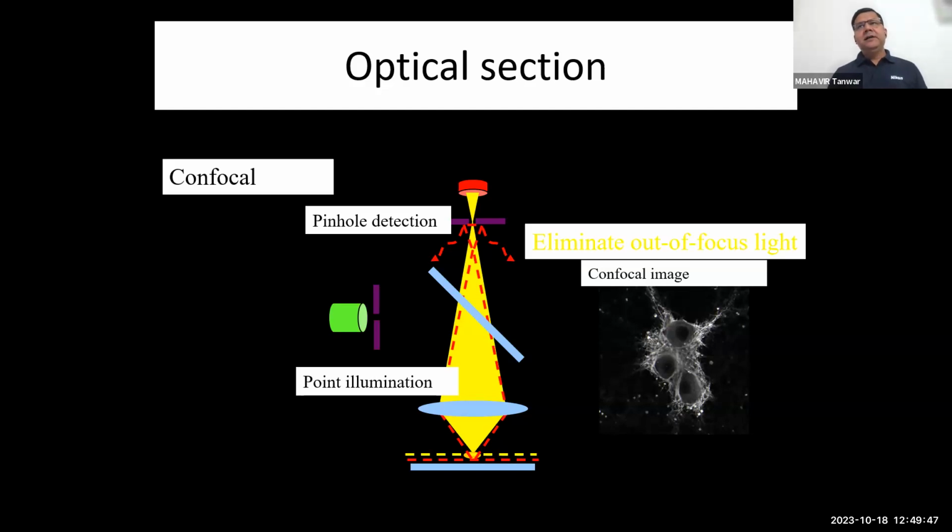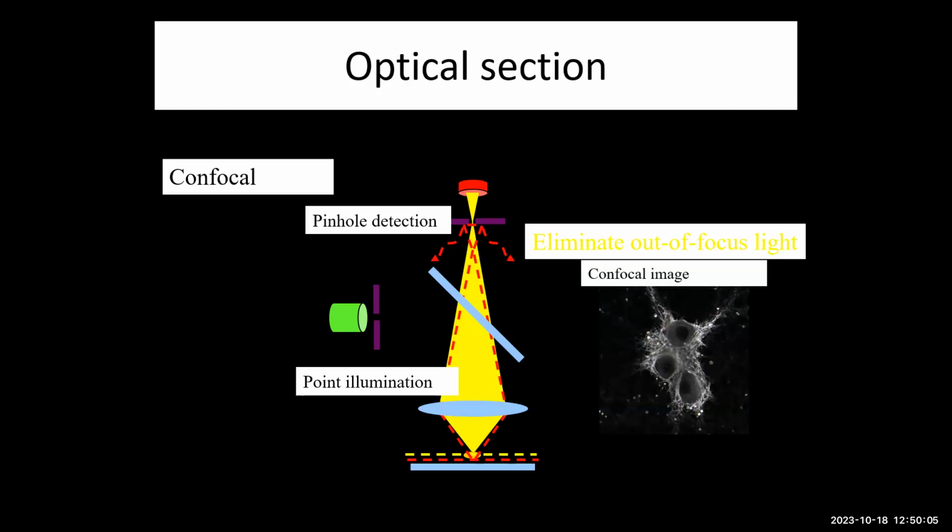It will definitely eliminate the out of focus light, but a laser has a better penetration capability than an LED or a fluorescence light, so that difference will be there. Whenever you introduce a pinhole, the light source will never be bright enough to give you images like confocal, because you are allowing only a subset of light.